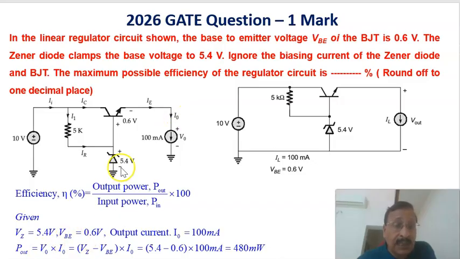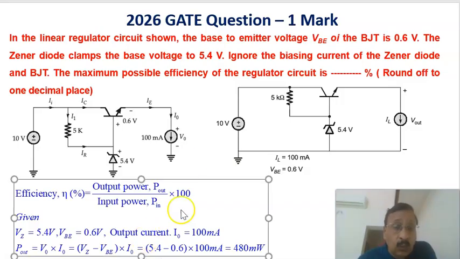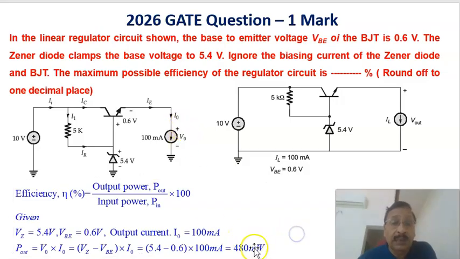The output voltage is VZ minus VBE, that is 5.4 minus 0.6, into the load current 100 milliamperes, which comes to 480 milliwatts. Therefore the output power is 480 milliwatts.